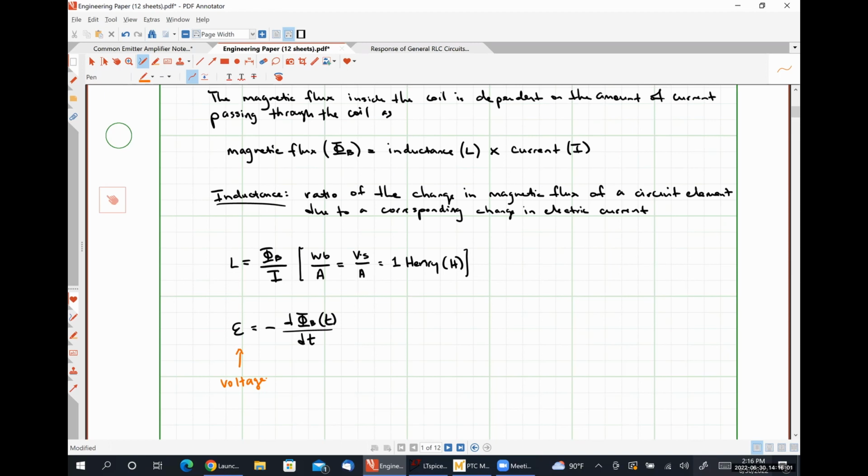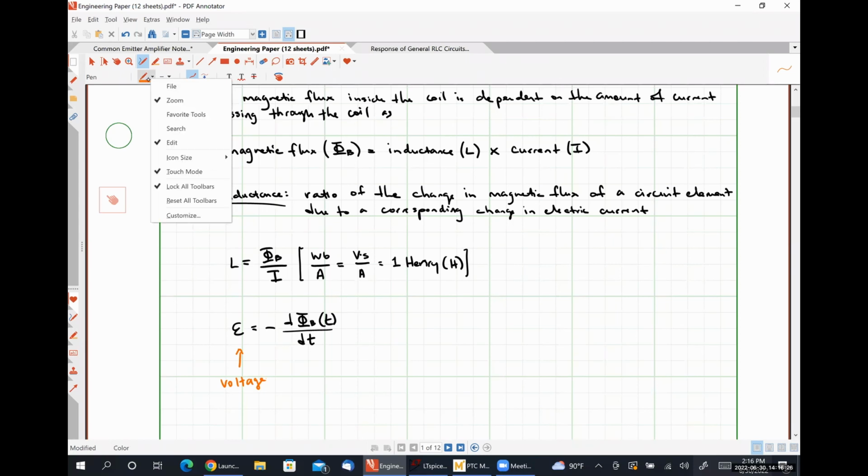Okay. So this Faraday's law of induction is actually going to describe how our inductors behave in a circuit, because we have a voltage that is appearing due to a change in magnetic flux, and we know that the magnetic flux is in turn dependent on current.